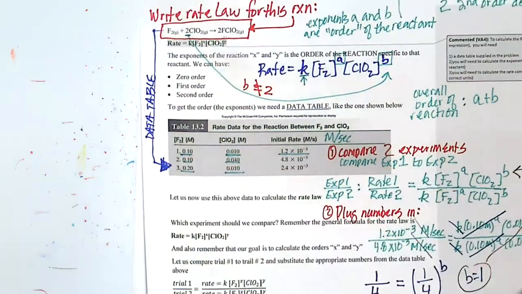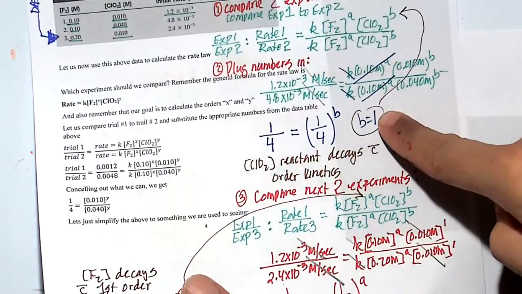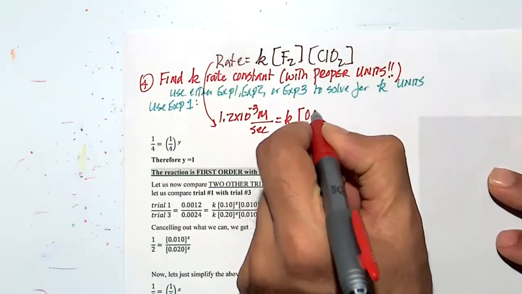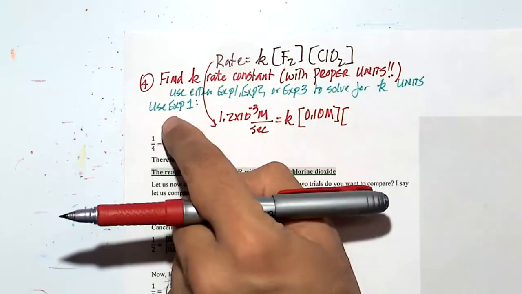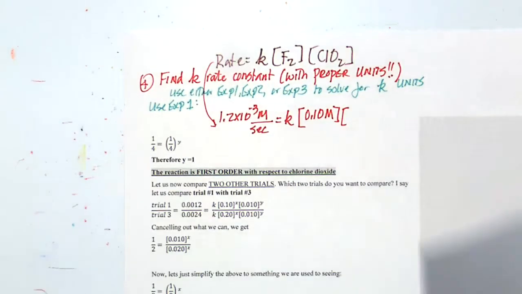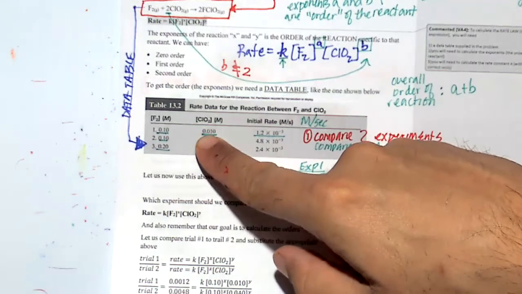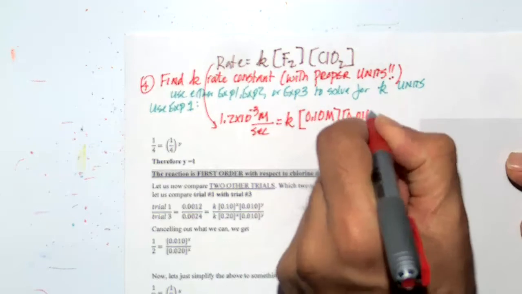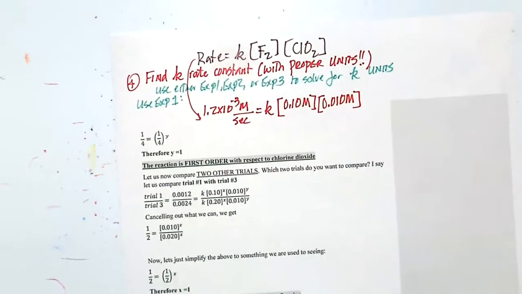Remember, this is raised to the power of 1. So 0.10 molar. And what about ClO2? Connor chose experiment 1, and ClO2 for experiment 1 is 0.010 molar, raised to the power of 1.